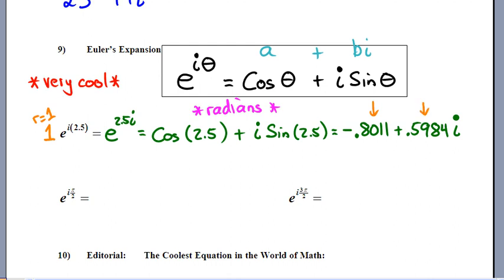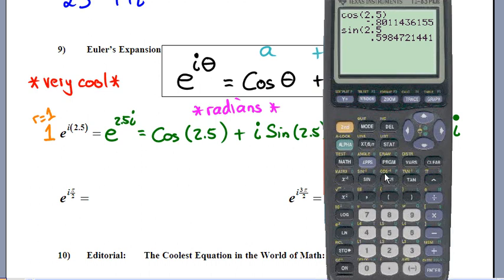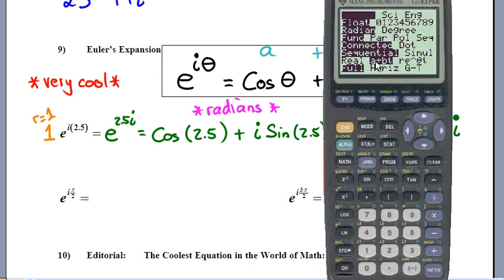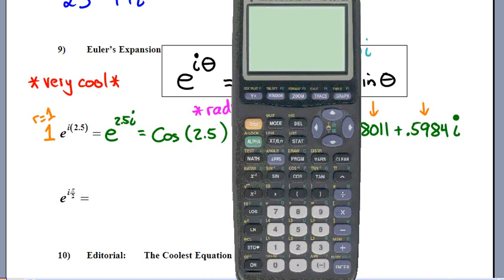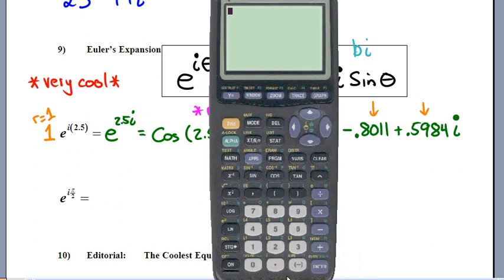But my calculator will do this. This is what's so cool. Let me clarify one thing: I'm still in this mode that says a plus bi, so when it gives me an answer back, it's going to give it to me in that a plus bi format. So it should have what I have over there on the right. I'm going to say, what do you think about this? e to the, and it's like, what do you got?